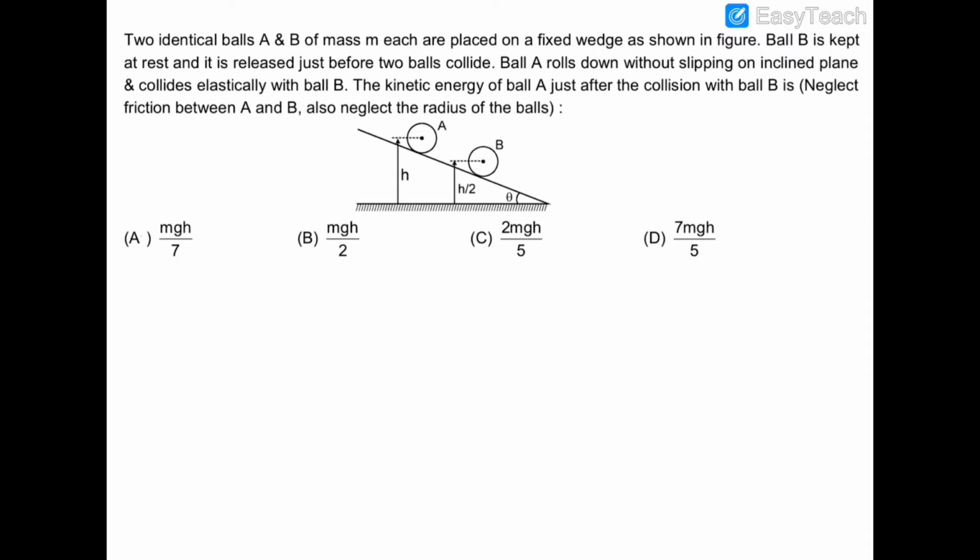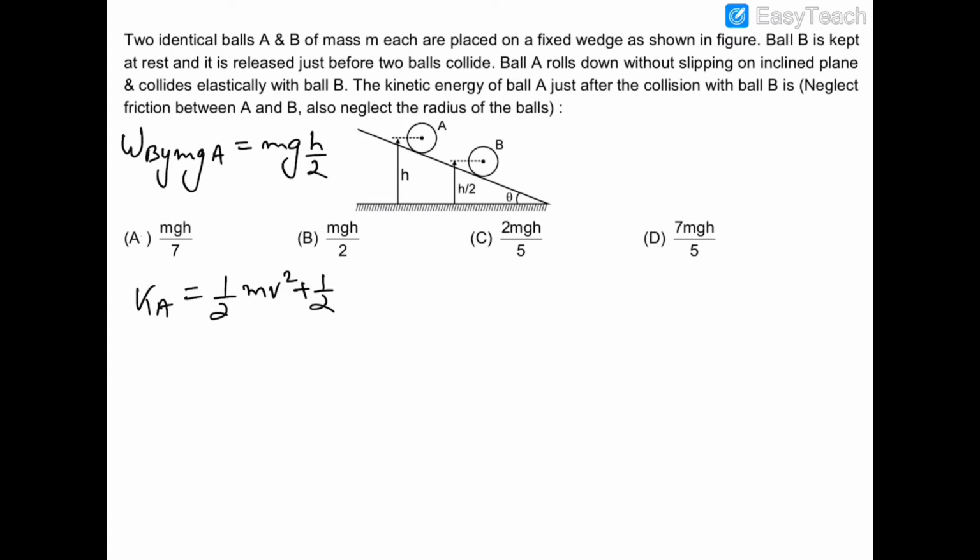Now first of all, when this ball A descends down and is just on the verge of colliding with ball B, then work done by mg on A will be mg h by 2, because A has to descend down by a height of h by 2 to strike the ball B. So this work done by mg on ball A will be converted into kinetic energy of A, and therefore the kinetic energy of A just before the collision will be half mv square plus half I omega square, which is the rotational kinetic energy.